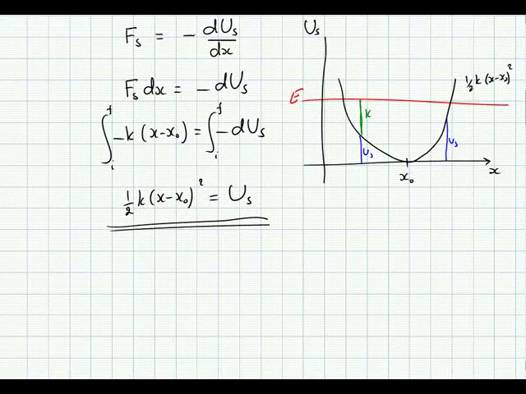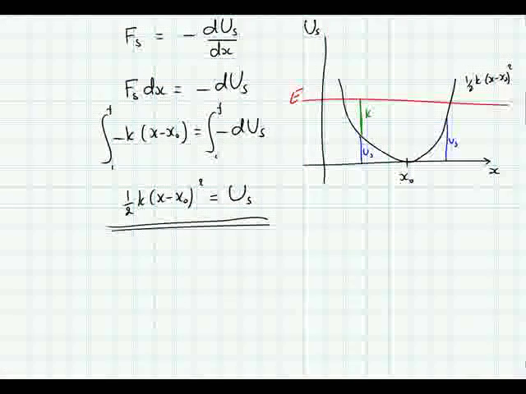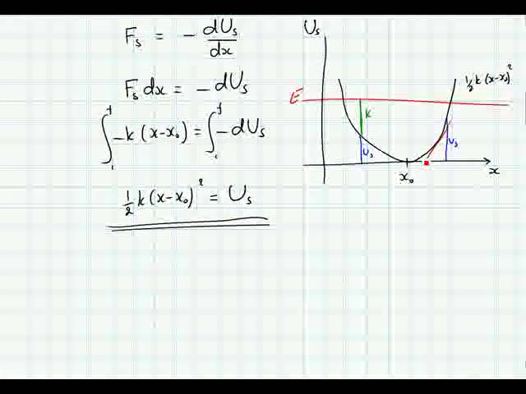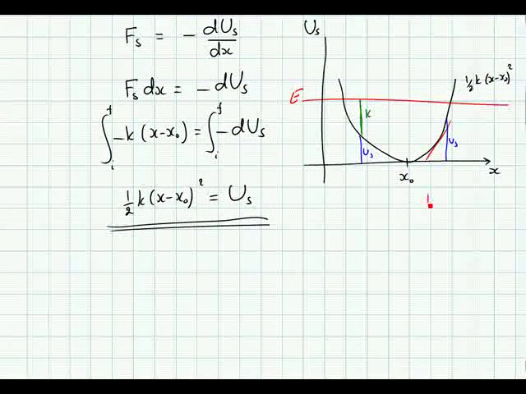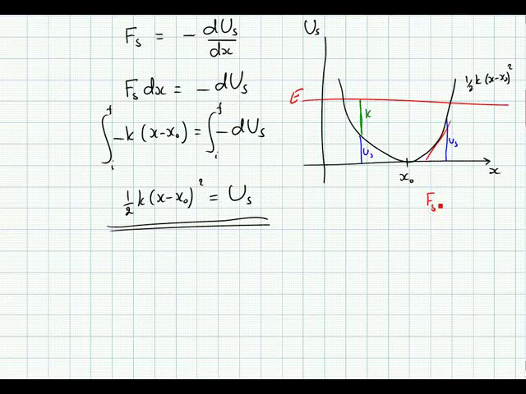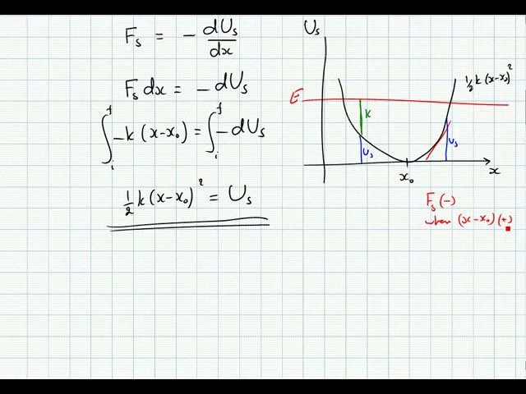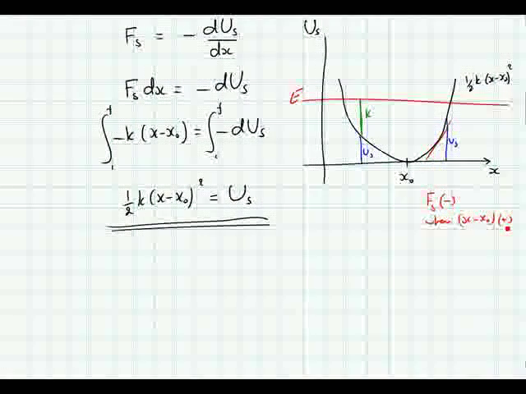Now if we look at the slope of the line, it is positive when the extension is positive, which means that the force is negative when x minus x naught is positive, which is what we discussed earlier.